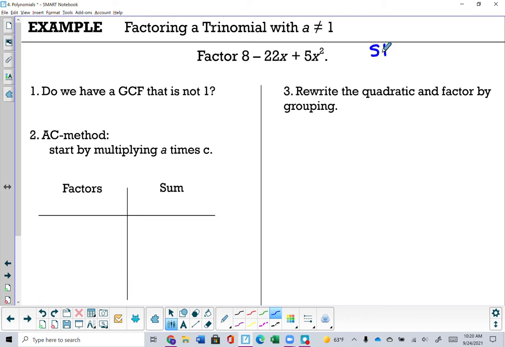We're going to write this in standard form. So that means I'm going to put the 5x squared first, minus 22x second, plus 8 third. Wonderful. So now I'm going to ask myself, do we have a GCF that is not 1?